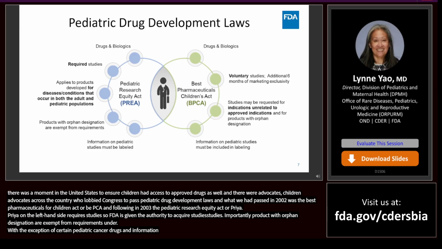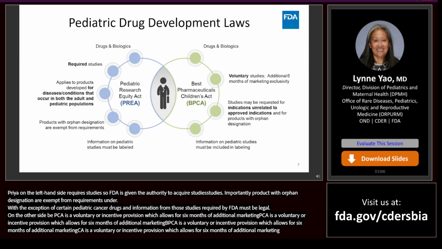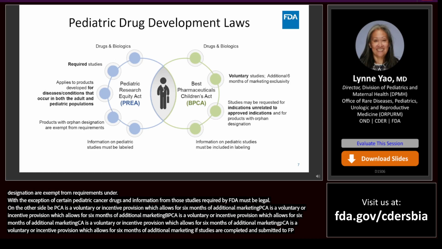On the other side, BPCA is a voluntary or incentive provision, which allows for 6 months of additional marketing exclusivity if studies are completed and submitted to FDA in response to FDA's request for certain studies.